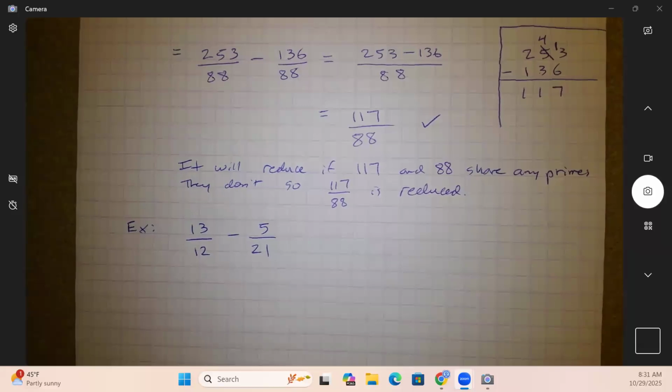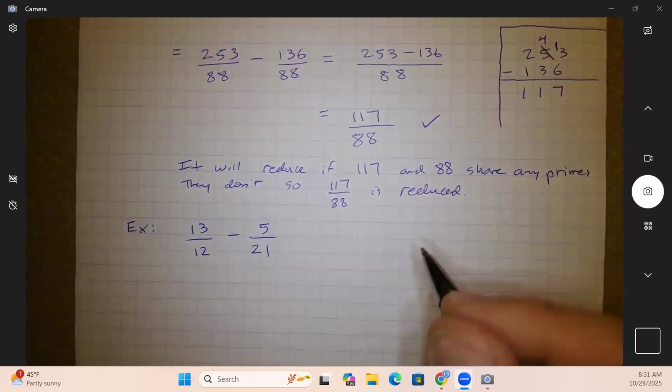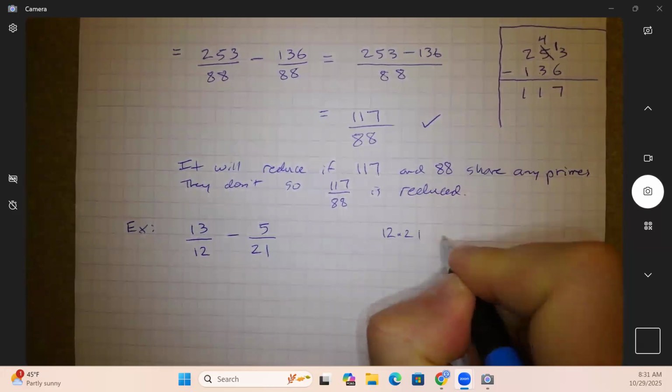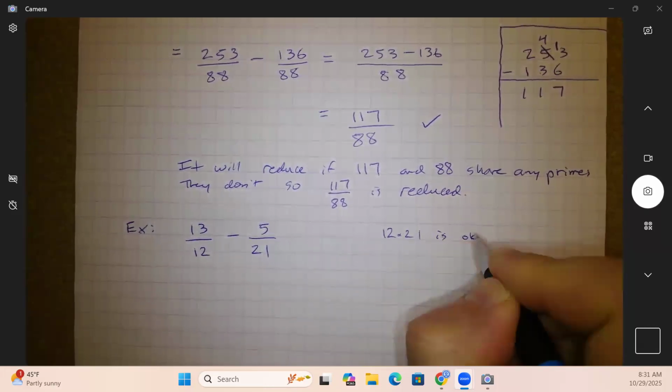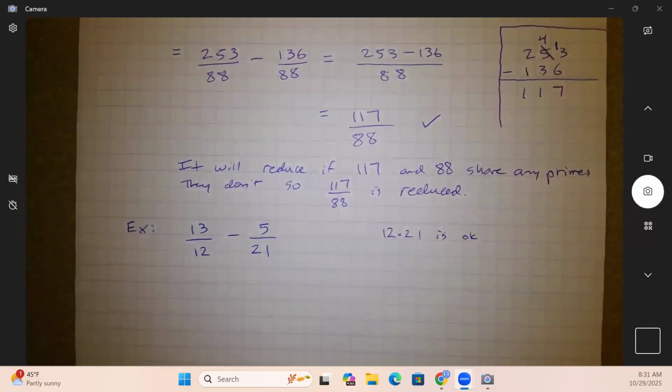They don't have the same denominator, so I want to find what's missing. Now I could do 12 times 21. That's okay. That's less work on the front, but it's going to make more work on the back end.